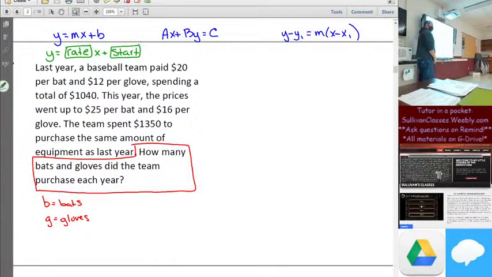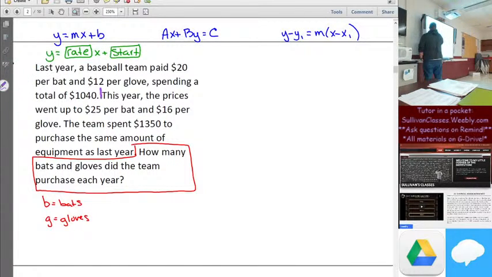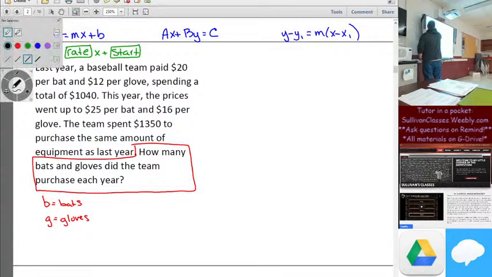That look familiar? Rate x plus start. Take a look at the two sentences in here. We're going to include that.